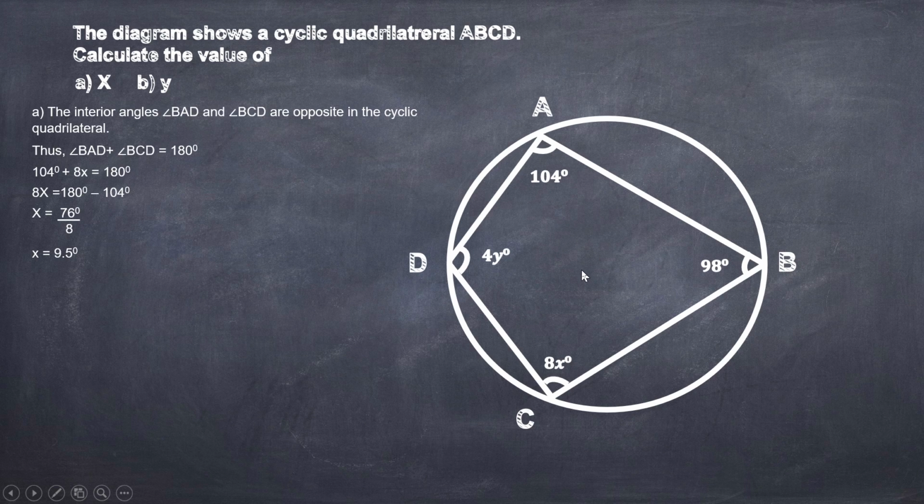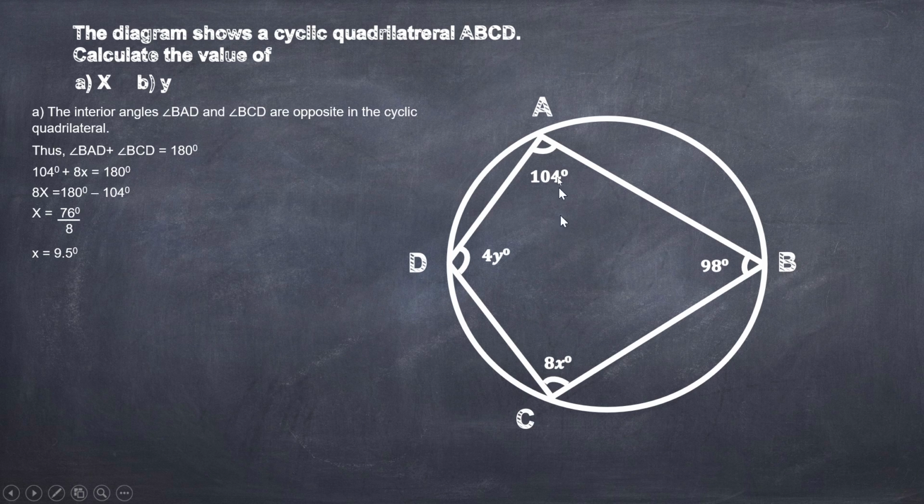Okay, so the interior angles BAD and BCD are opposite in a cyclic quadrilateral.